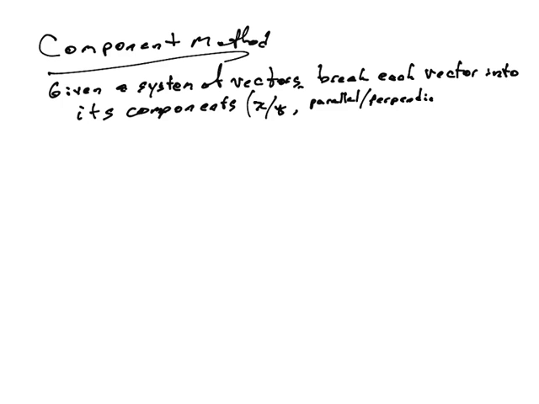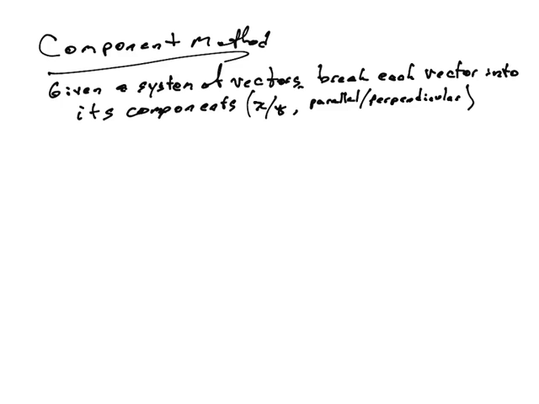I'm not being very specific that it has to be x and y components, because you may be given a problem where the bar is angled at some weird angle, and then you have these vectors acting on this angled thing. Sometimes it's not necessarily easy to make it x and y stuff. Sometimes you may want to make the coordinate system parallel and perpendicular to the bar. So, but at the end of the day, you're always going to be breaking into components. It's just up to you what your axes are going to be. Is it going to be x and y components or something else?